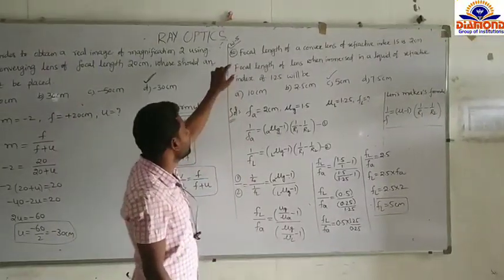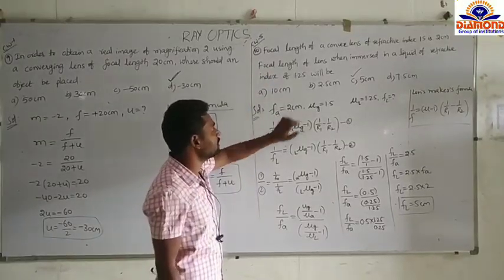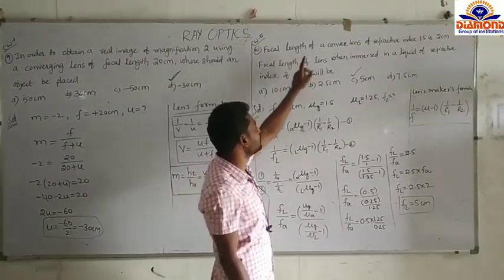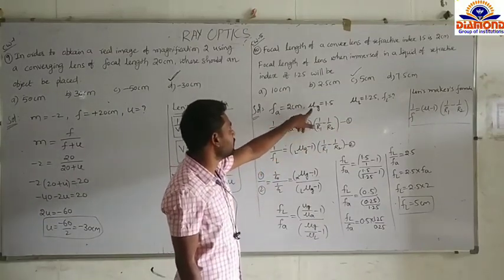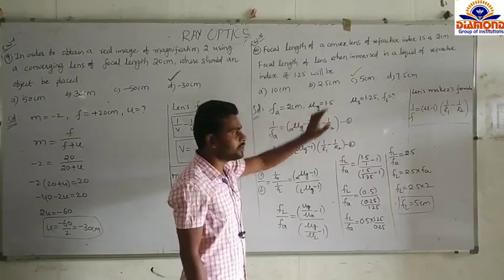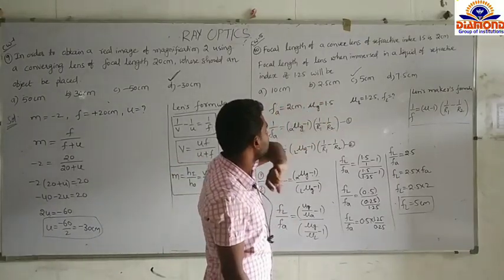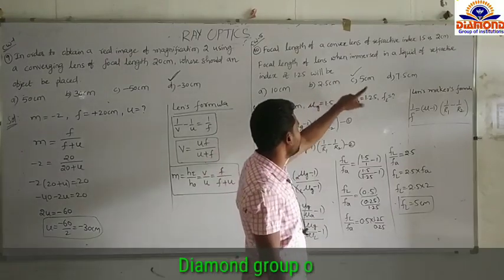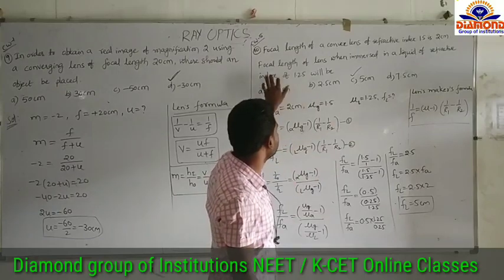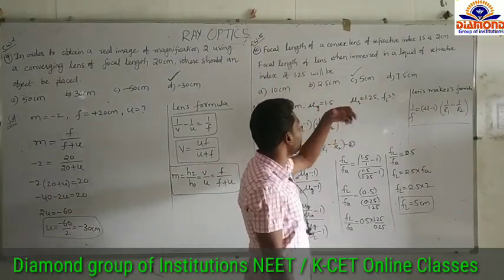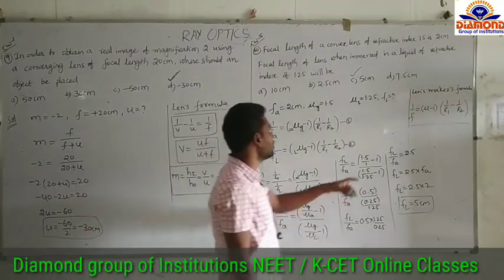So when the convex lens is in air, the focal length is 2 centimeters, and the lens is made of glass, so I consider the refractive index of the glass as 1.5. Then we immerse this convex lens in a liquid, whose refractive index is given as 1.25. What is the focal length in the liquid? They are asking that.